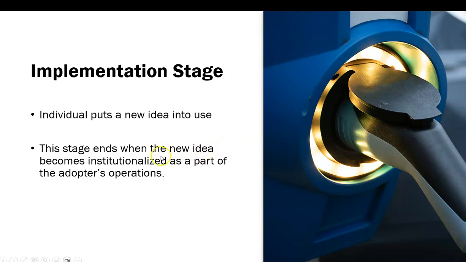So this stage ends when the new idea becomes institutionalized as a part of the adopter's operations. So in 10, 15, 20 years, will this become the new normal? And if so, then it's no longer innovative. It's just part of our normal operations.